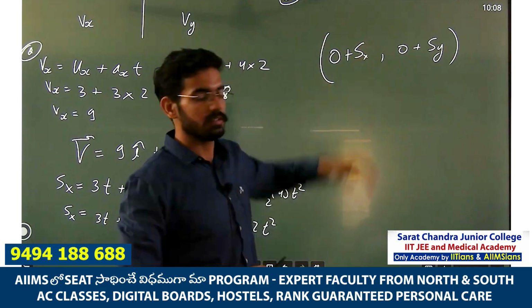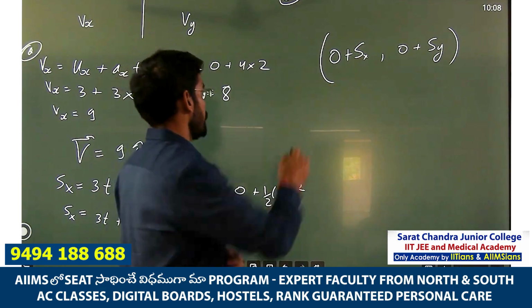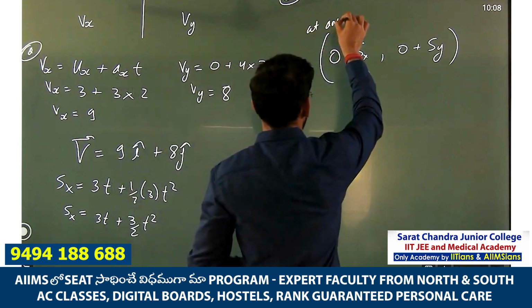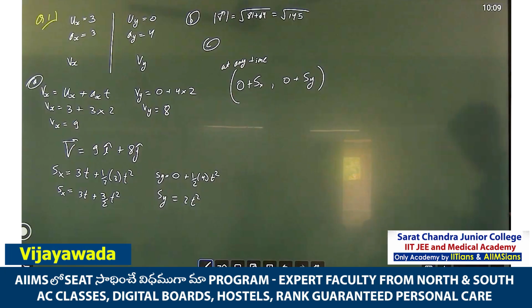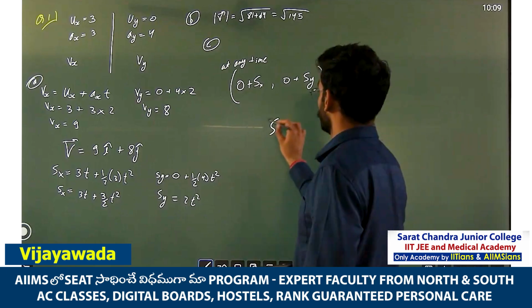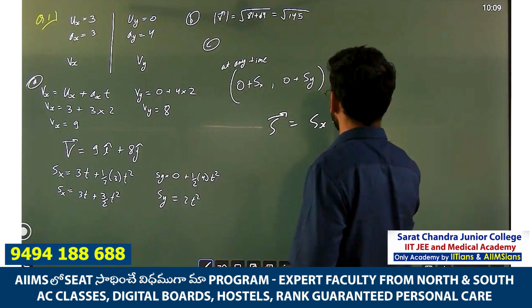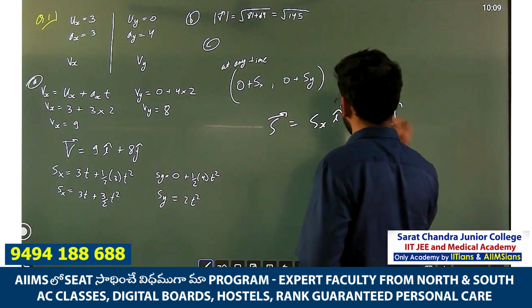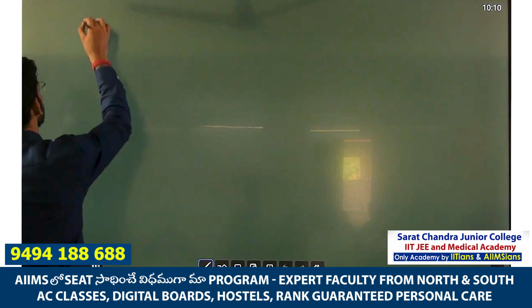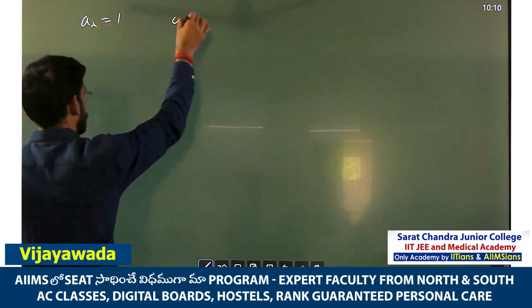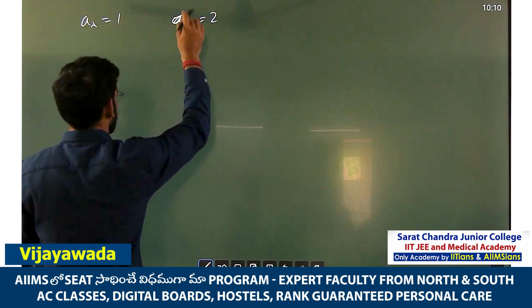So this is the coordinate at any point, at any time. Got the point? He asked the coordinate or displacement, position of the particle. You can ask the coordinate also in terms of S vector. S vector is Sx i cap plus Sy j cap. Next question. Ax 1 and Ay 2. Agree?